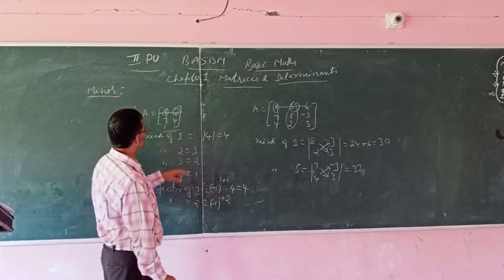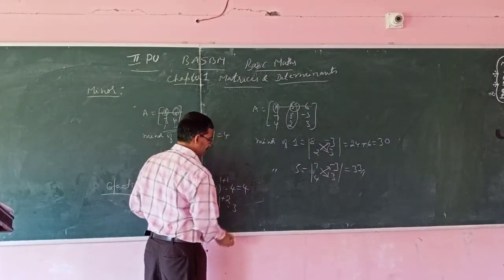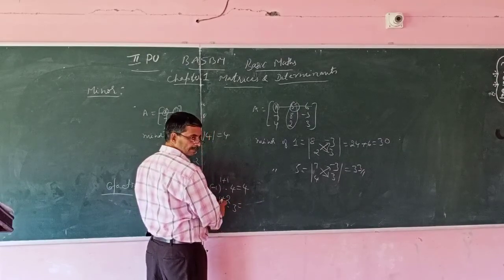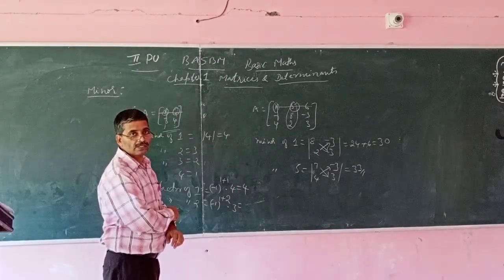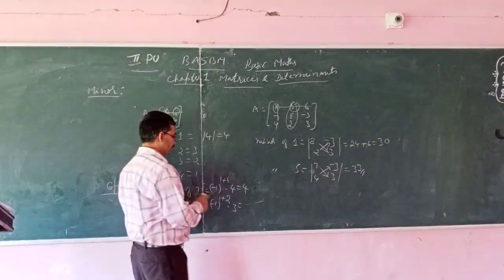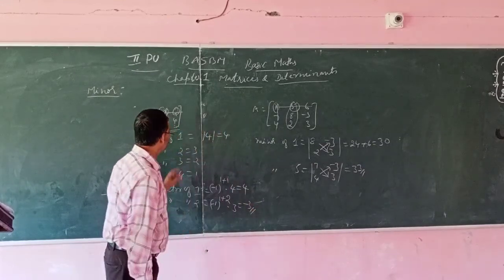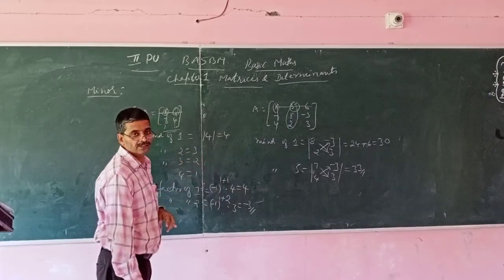Minor is 3. That is nothing but minus 1 to the power 1 plus 2. It is an odd number, so it is negative. So cofactor here is minus 3, whereas minor is 3.